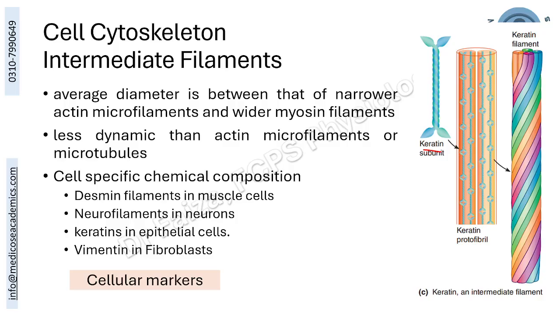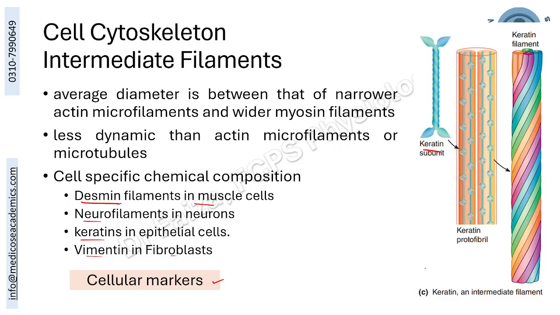They have cell specific composition, for example, desmin in the muscle cells, neurofilaments in the neurons, keratins in the epithelial tissue, vimentin in the fibroblasts. Because of their cell specificity, these can also help in recognition and identification of different types of cells.